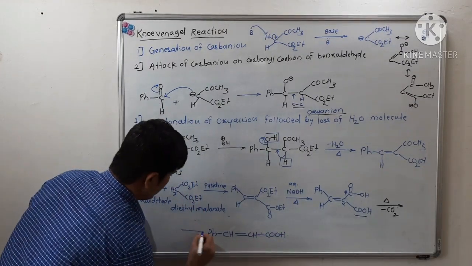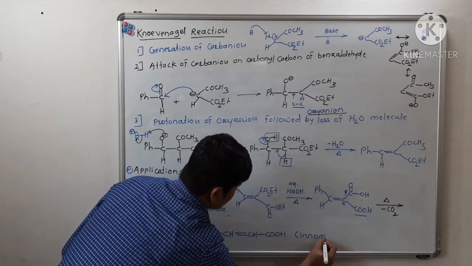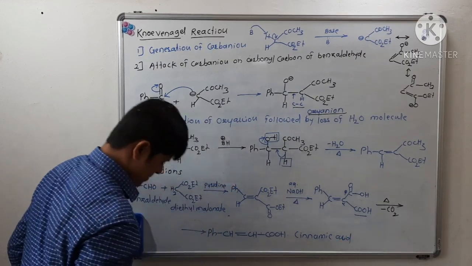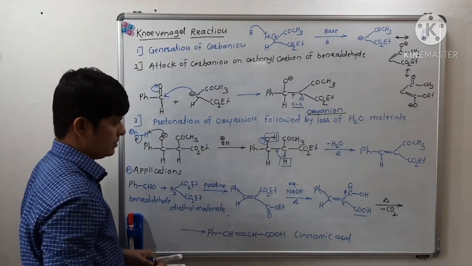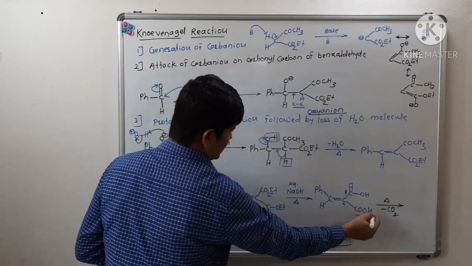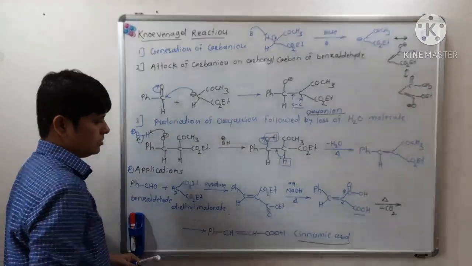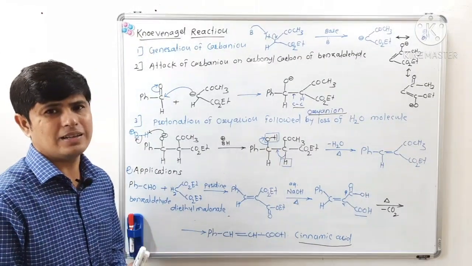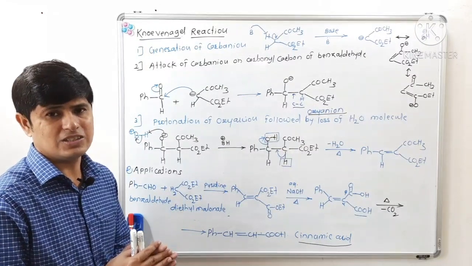There is formation of cinnamic acid as a product. See, this will get lost and this hydrogen will come here. So Ph-CH=CH-COOH, cinnamic acid will form. So this is the second application of the Knoevenagel condensation reaction.